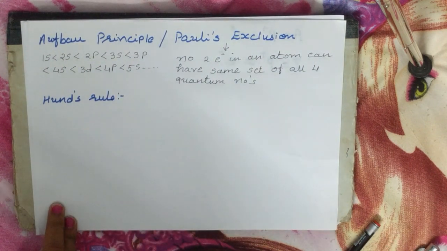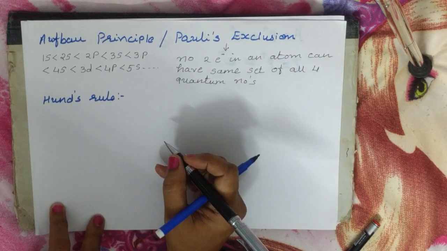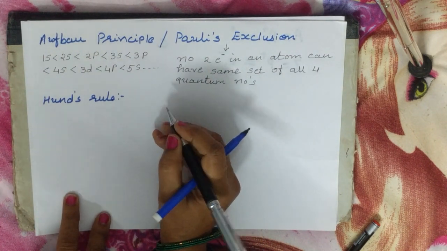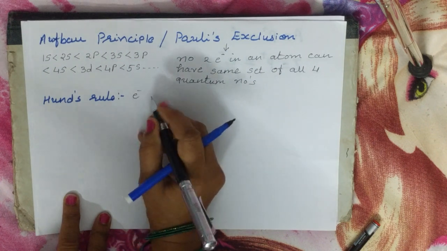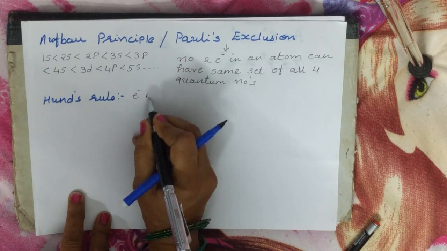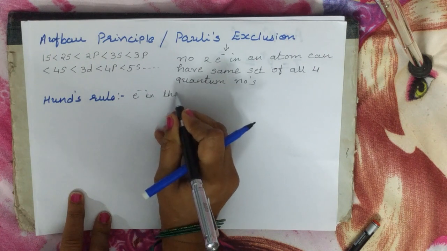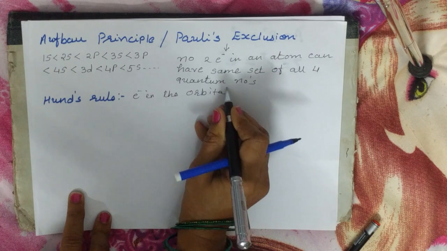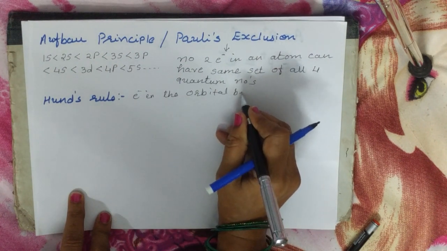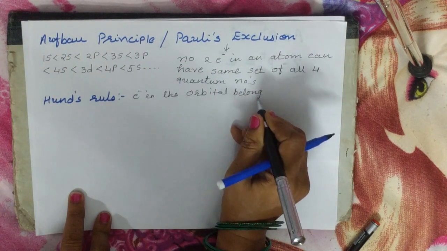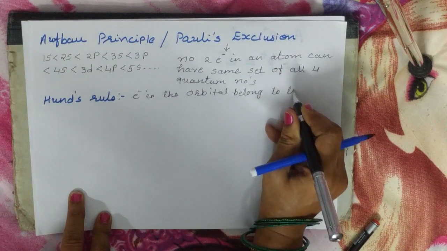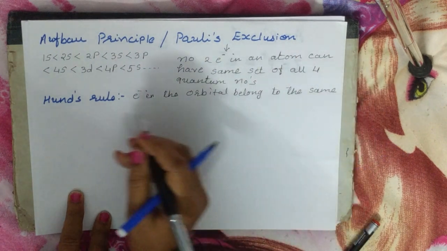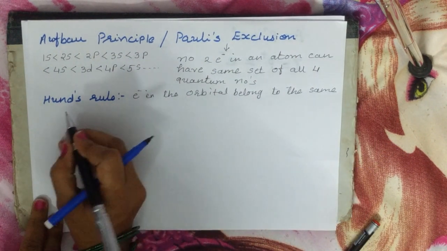Hund's rule states that pairing of electrons in the orbitals belonging to the same subshell does not take place.